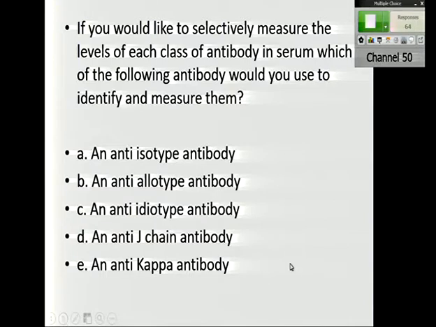What's the answer to this one? You want to measure each class. So which antibody to which part will you use? What differentiates the different classes?